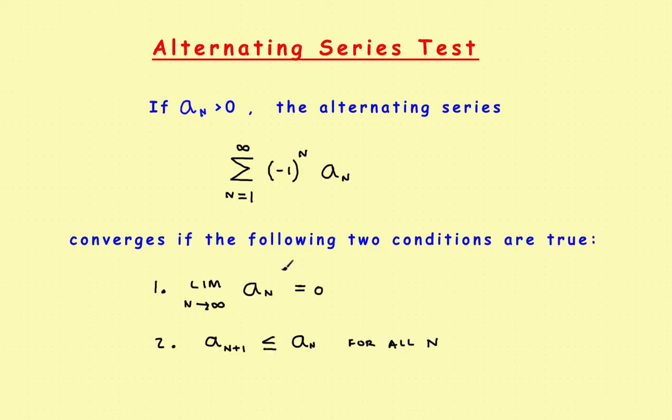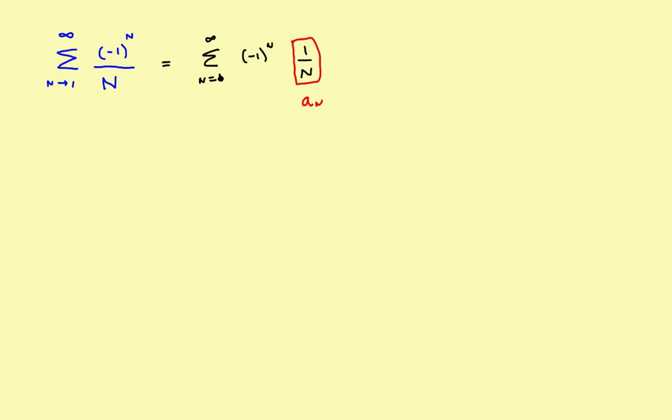Now, what the rule says is I need to find the limit of the sequence as n goes to infinity, and I'm hoping that it approaches 0, so I'll test that. This will be the first condition. You want to show that the limit of a sub n as n approaches infinity is equal to 0.